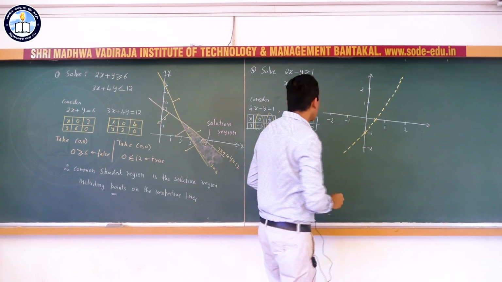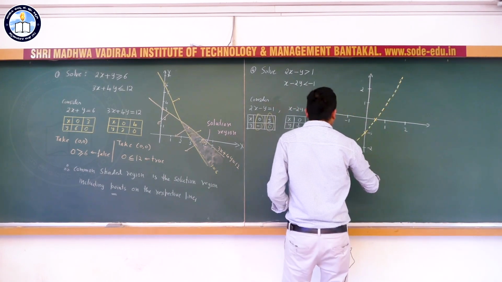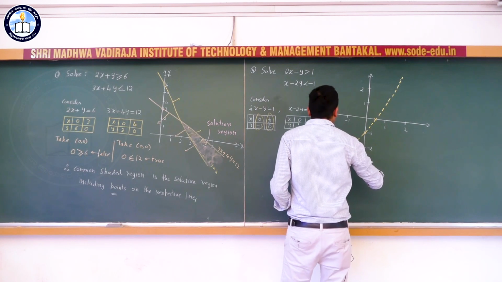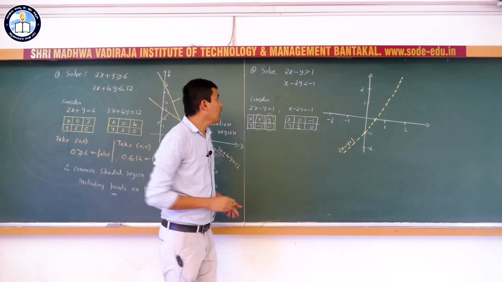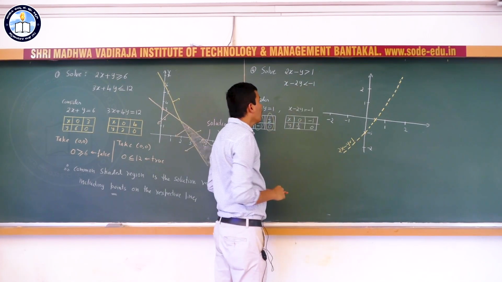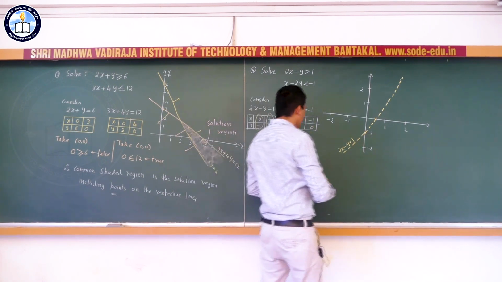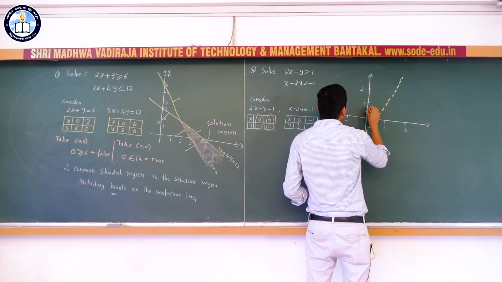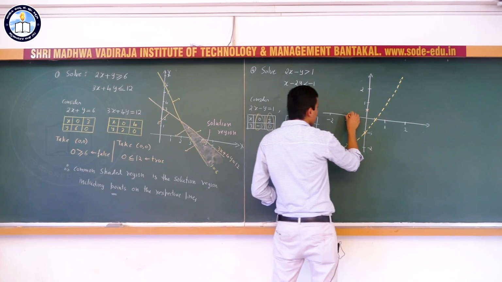So here the dotted line comes. What's the name of this particular dotted line? It is 2x minus y, this is equal to 1, right? And another line here, it is x minus 2y, which is less than or equal to -1. For that one, it is 0, half on the y axis, and -1, 0 on the x axis.